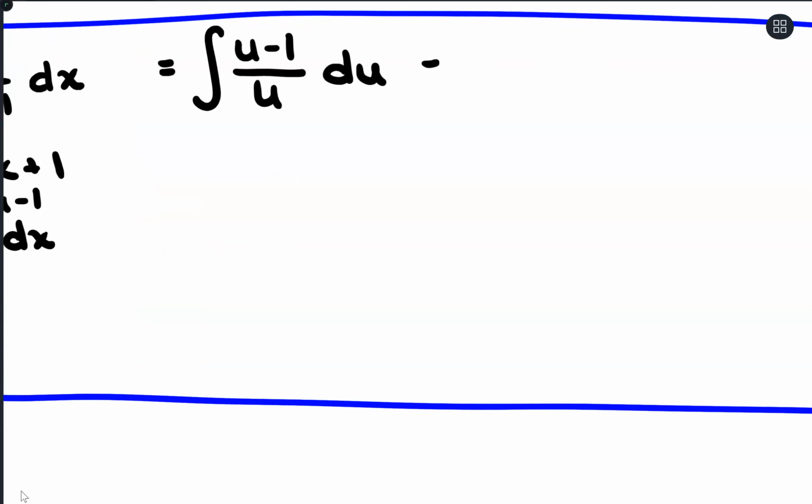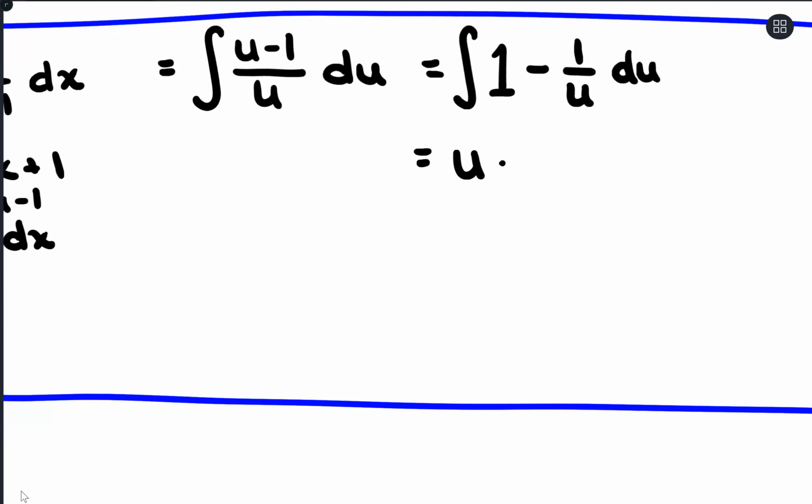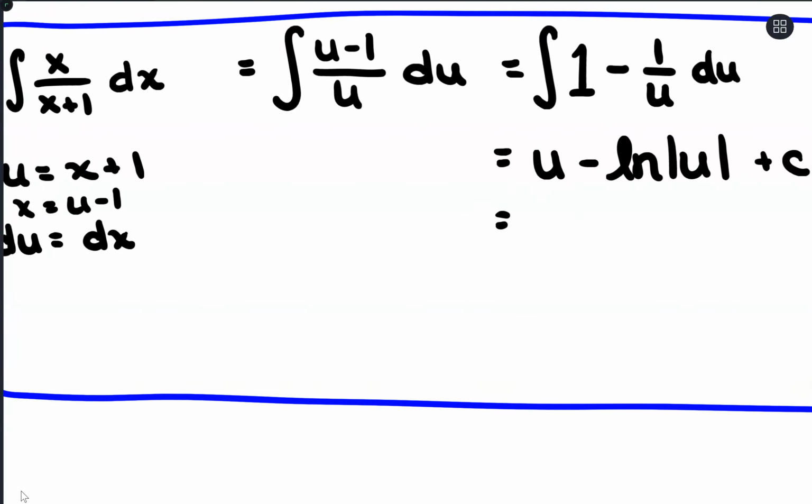Now if I do that, what I can do is divide out u from each piece in the numerator there. So u divided by u is equal to 1, minus 1 over u du. And with that, we can take the antiderivative. We'll have u minus natural log of the absolute value of u plus c, where u is equal to x plus 1.